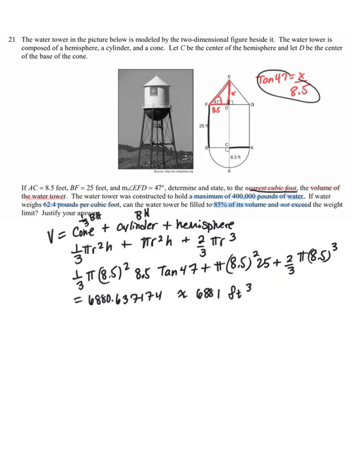All right, so number one, I'm going to convert this 6881 feet, right, which I'll just use the 6880, etc. I'm going to convert that into pounds, okay? So I have 62.4 pounds per cubic foot.